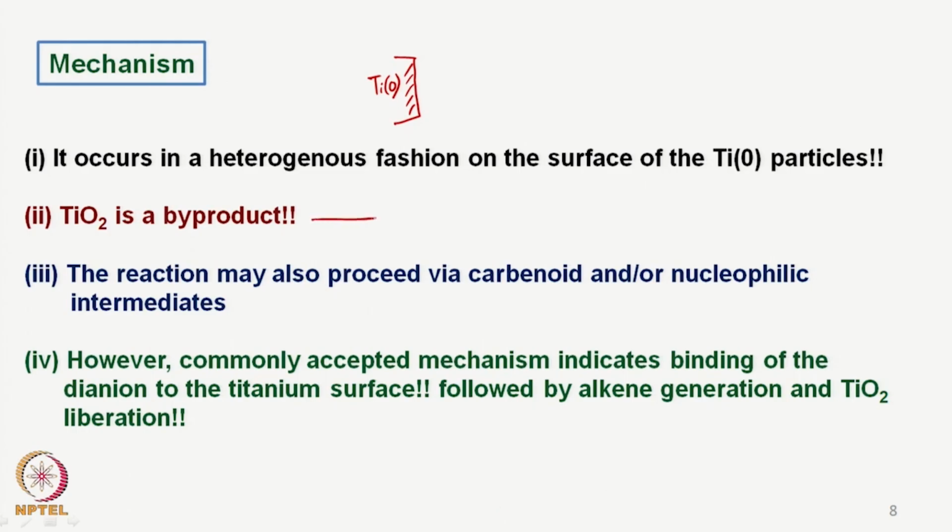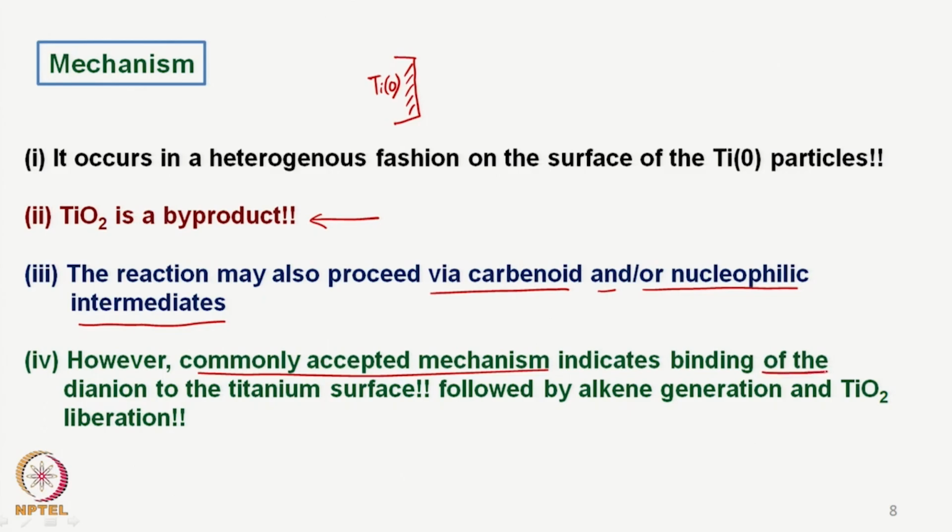Now titanium dioxide is formed as a byproduct after the reduction is over. It is also possible that the reaction may proceed via carbenoid and or other nucleophilic intermediates, but the commonly accepted mechanism, which is generally believed, indicates binding of the dianion.